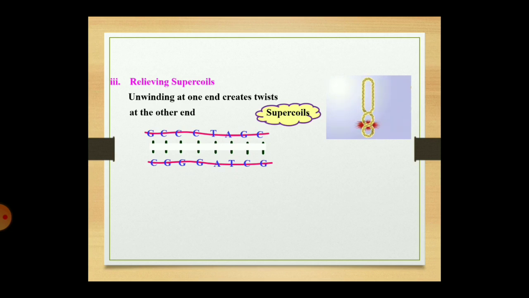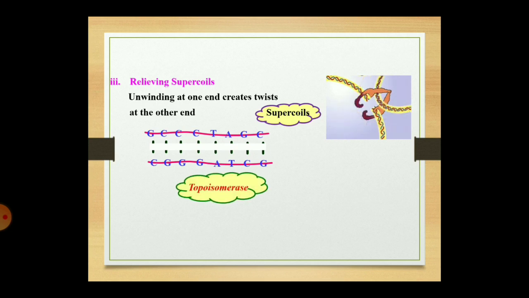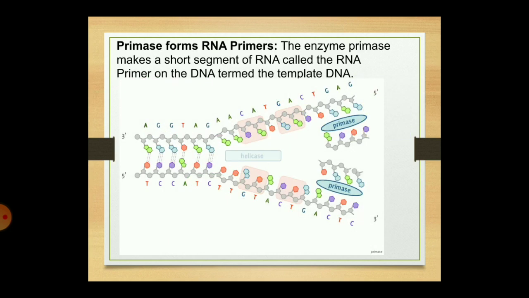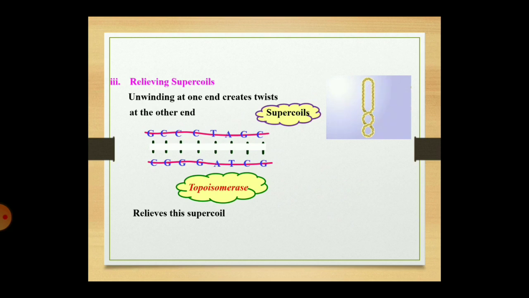If you remove the coil at one side, tension is created in the opposite strand, and that tension is released by the topoisomerase enzyme. It relieves this coil, so it relieves the supercoils.